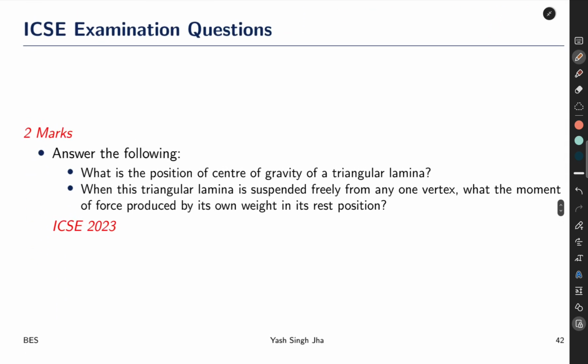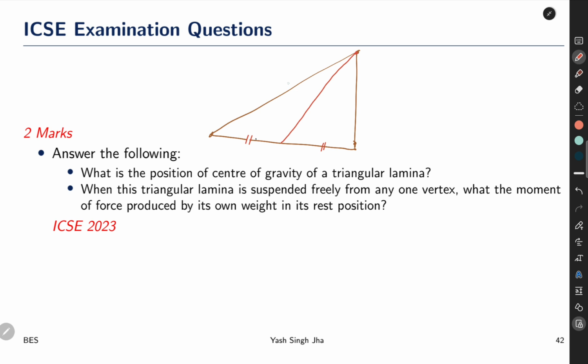Next question. What is the position of center of gravity of a triangular lamina? As you must have already read, if you have any triangle, where is the position of its center of gravity? It is at its centroid. What is the centroid? The intersection of its medians. A median is a line that joins a vertex to the point on the opposite edge which divides that edge into equal parts.